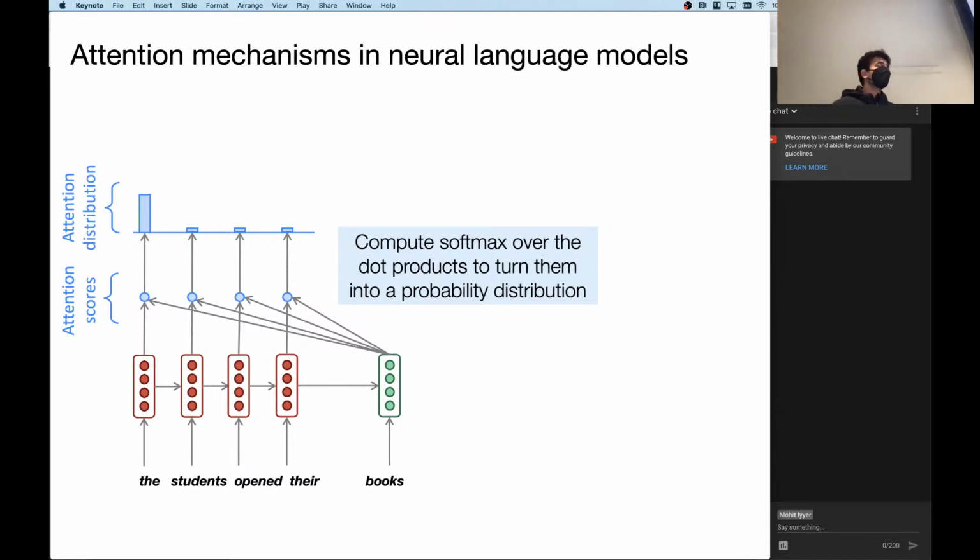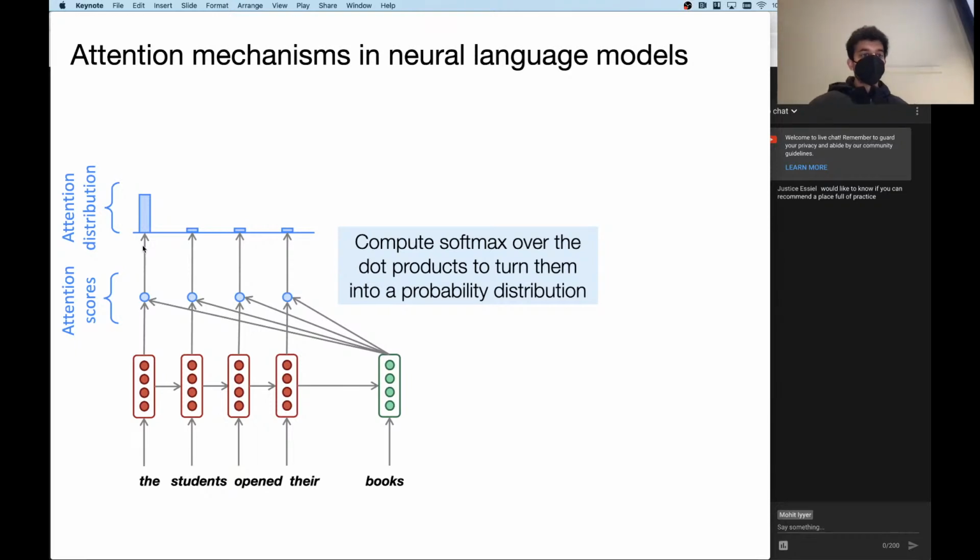And we've already learned about this softmax function, which we can use to turn any vector into a probability distribution. So in the attention mechanism, we're going to first take the dot product or compute some similarity score, and then we're going to apply the softmax function over the attention scores, so we get a distribution over the keys, a probability distribution.